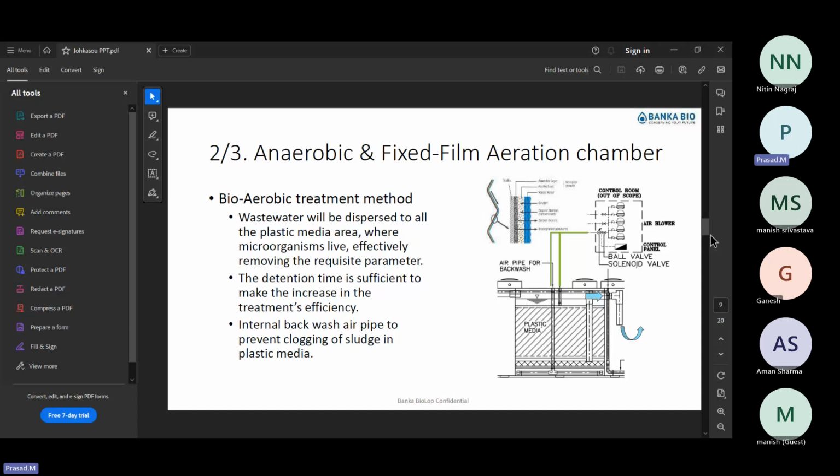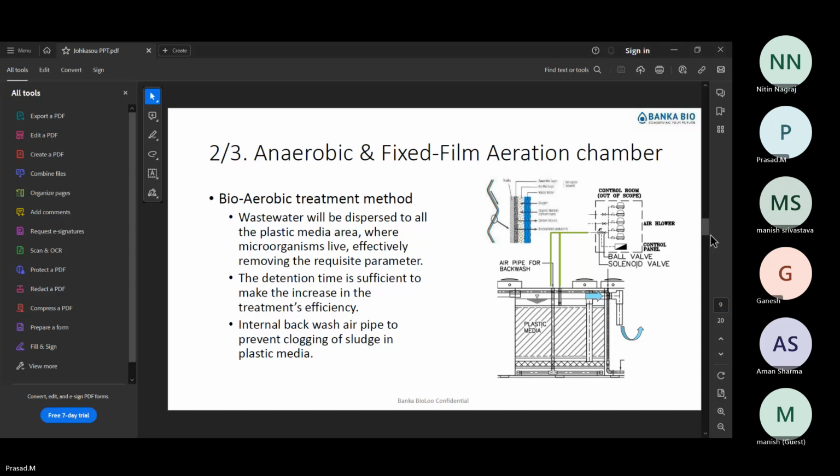So without oxygen we are reducing the BOD load, and that's why we require lesser power in our aeration tank. I already explained: aerobic means with oxygen, anaerobic means without oxygen. Anaerobic bacteria can grow without oxygen, and we grow them in the second compartment.